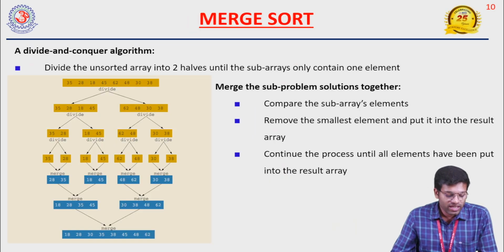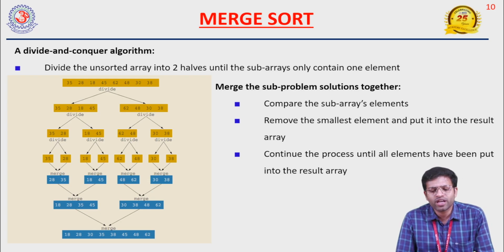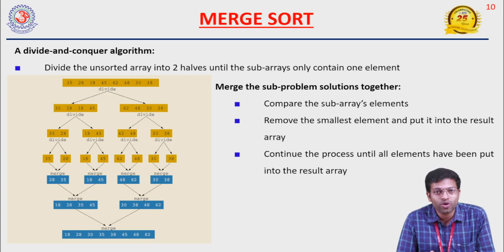Moving towards the next sorting mechanism, that is merge sort. Here it's a kind of divide and conquer method. We'll be dividing the elements, and we'll be conquering, that is, conquering it in a sorted way. So that's what we are doing in merge sort. You can compare this with the way I explained at the beginning with an example, like the way I am collecting the assignments and making them sorted.